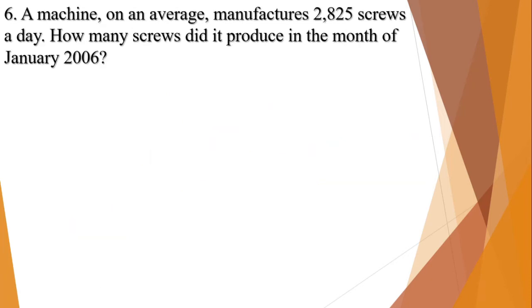Now the sixth question is, a machine on an average manufactures 2,825 screws a day. How many screws did it produce in the month of January 2006? Now, a day. What does a day mean? It means 1 day.